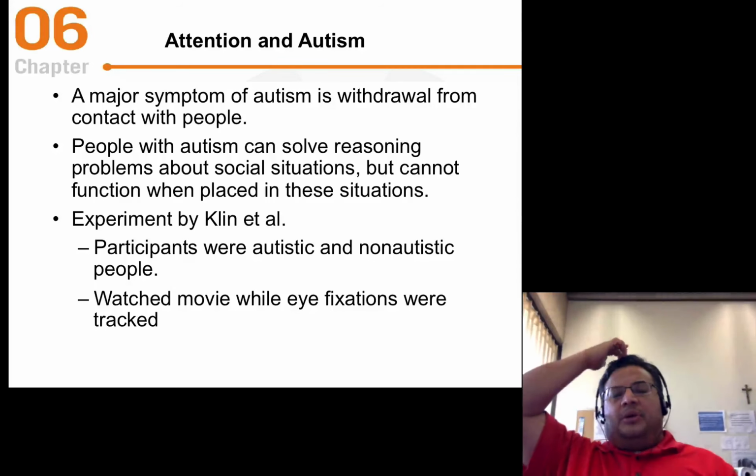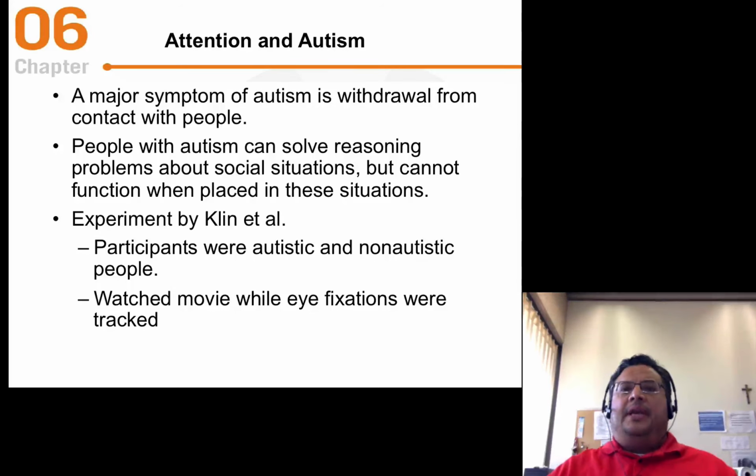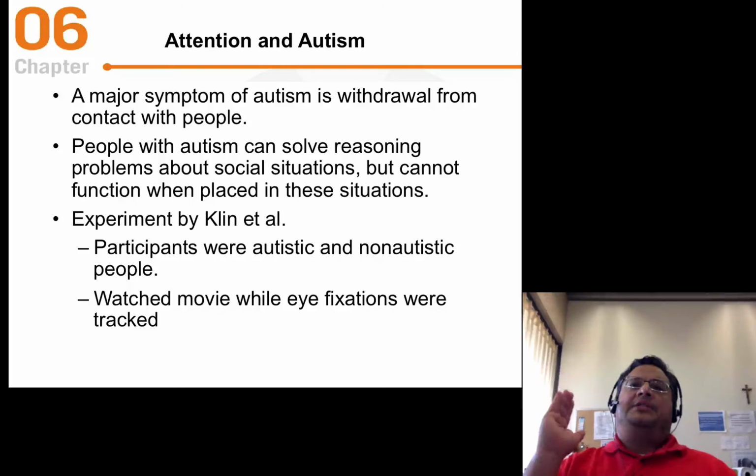So one of the possible mechanisms for why this seems to be the case is that maybe autistic people have trouble focusing their attention on the thing they're supposed to be paying attention to, namely a person. Maybe they can't separate the person from the background noise.